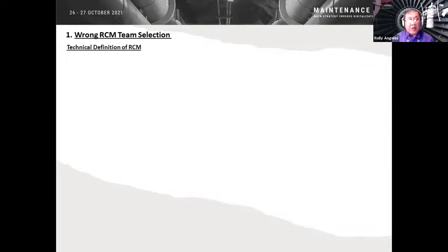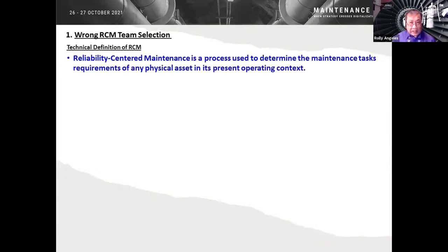So if we go by the technical definition of RCM, RCM is a process used to determine the maintenance tasks, the maintenance activities, the requirements of our equipment's physical asset in its current, present operating context.